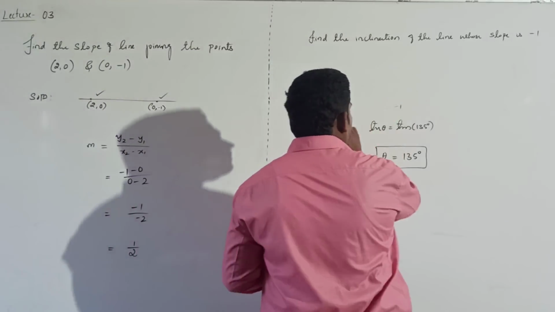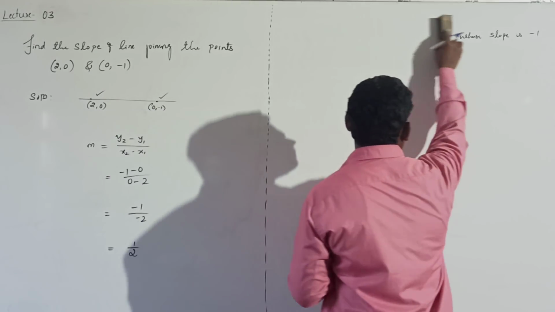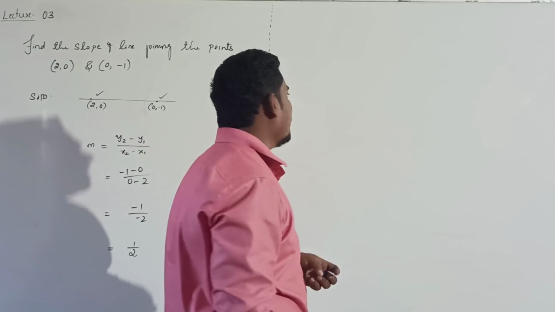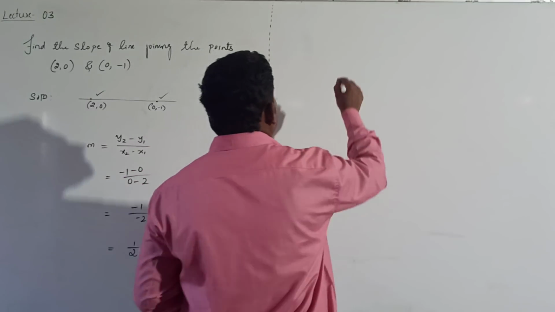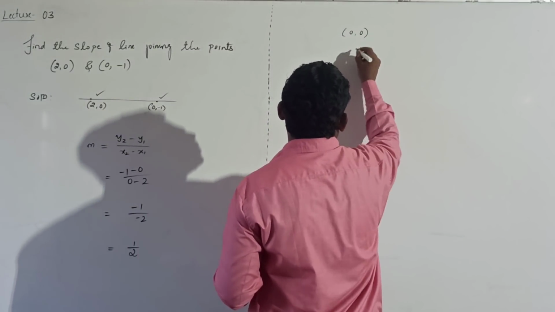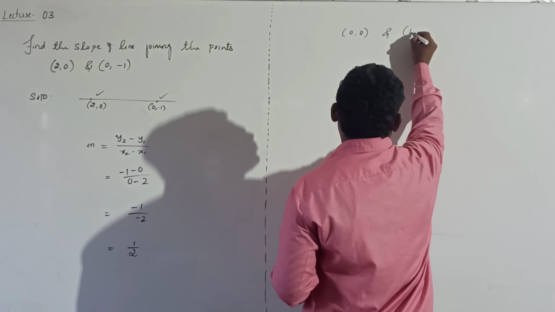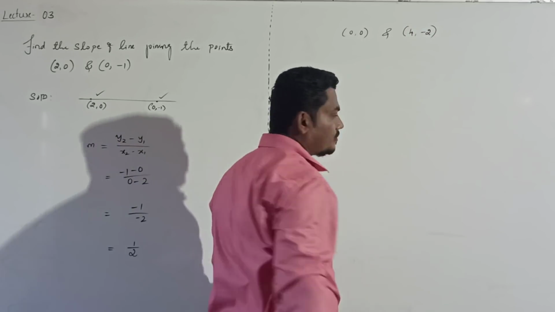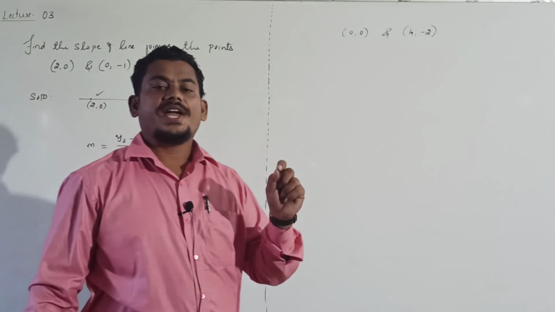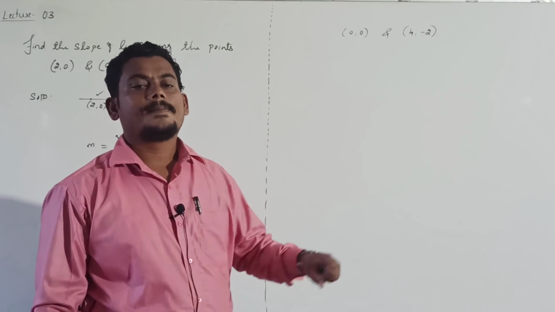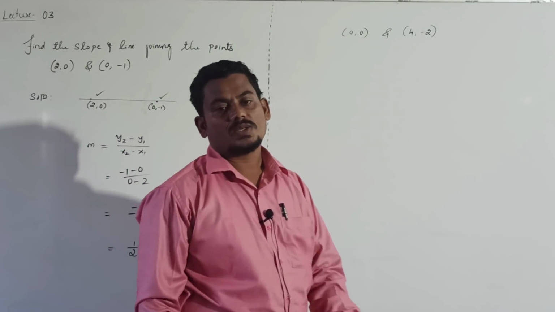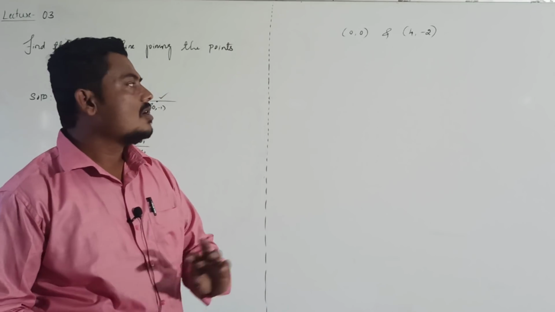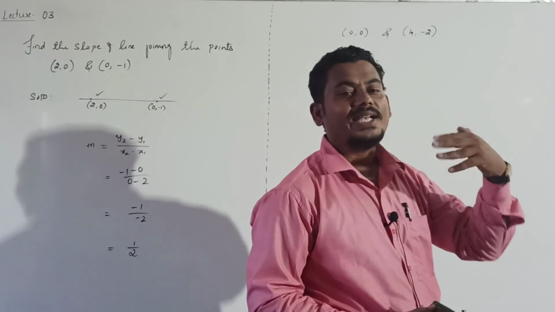Find the slope of the line passing through 0 comma 0 and 4 comma minus 2. Once again the question: find the slope of the line passing through 0 comma 0 and 4 comma minus 2. Our required line passes through these 2 points, then what is its slope?